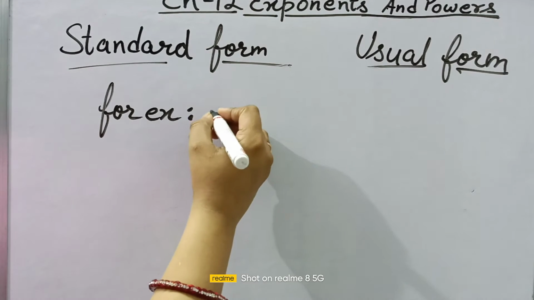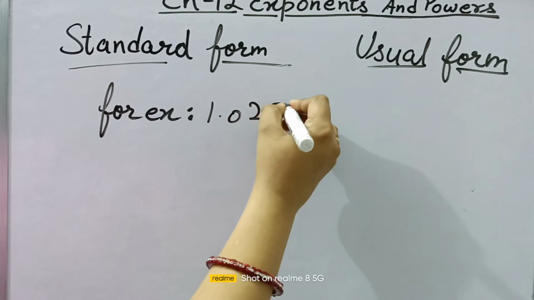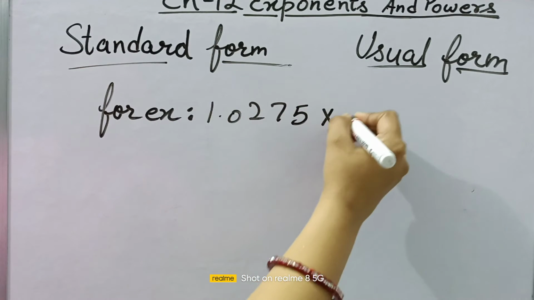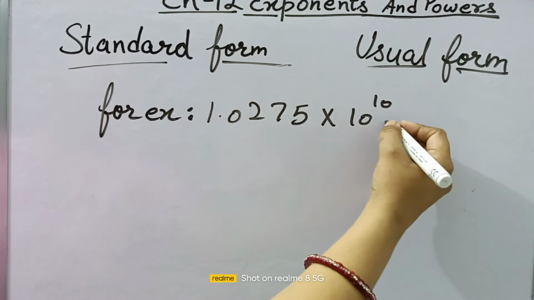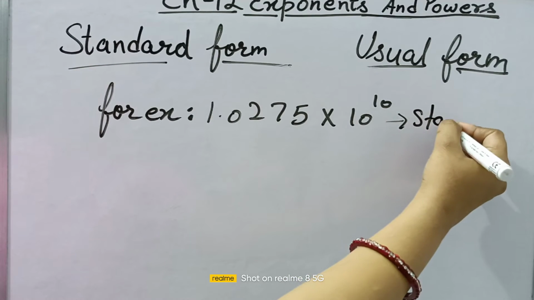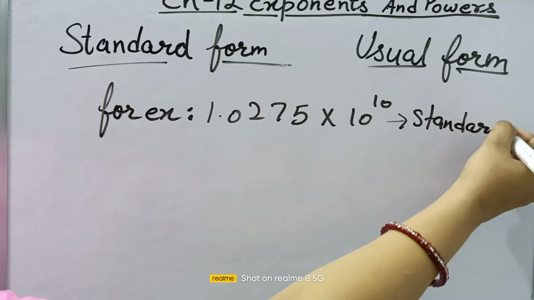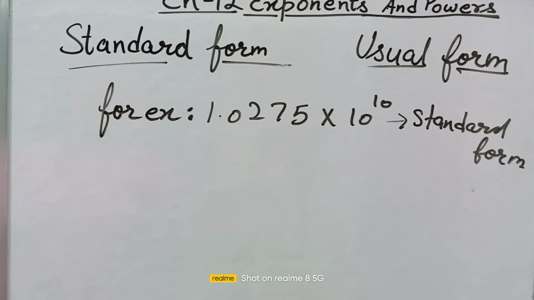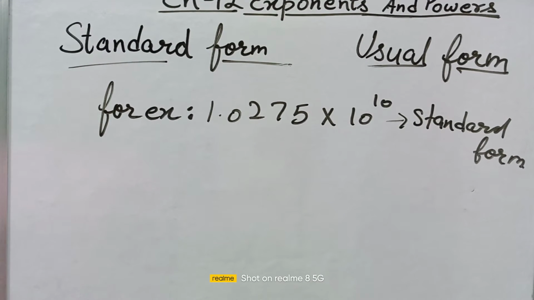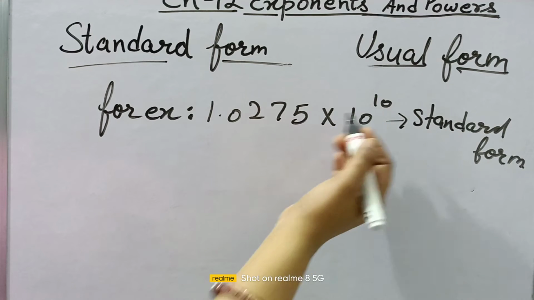For example, we have this number. So this will be known as the standard form, that the number is written in the standard form. Right? Now how we can convert it into usual form?